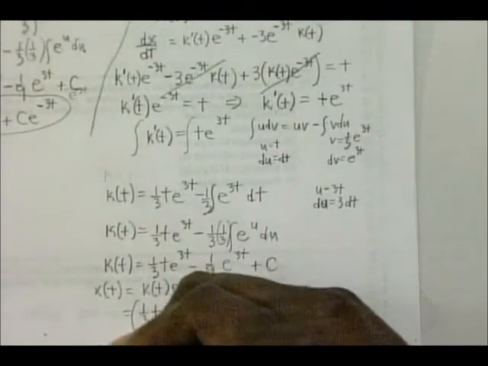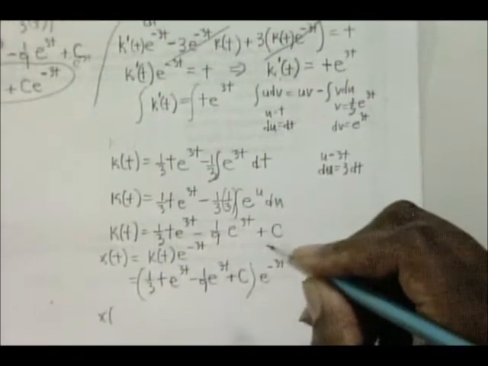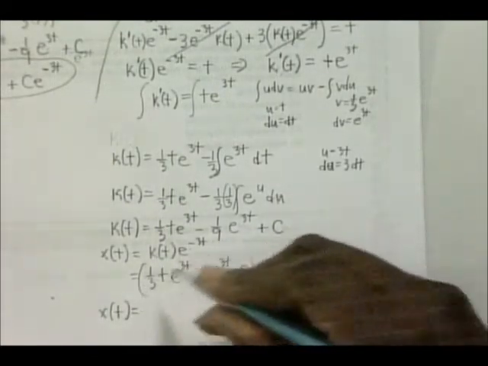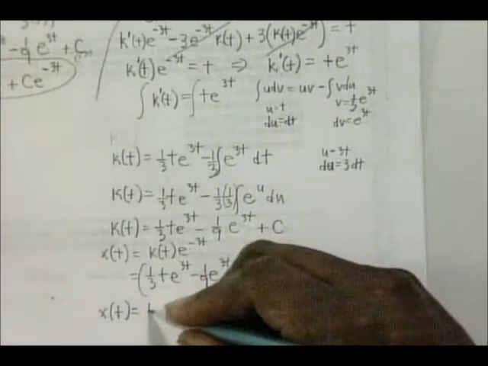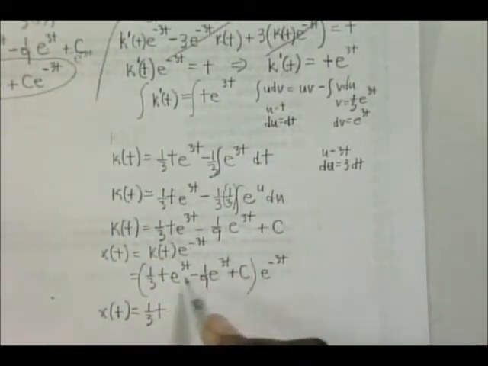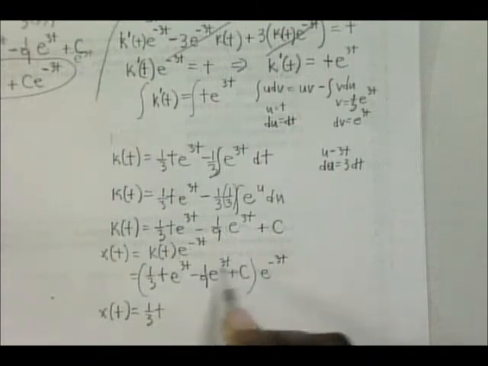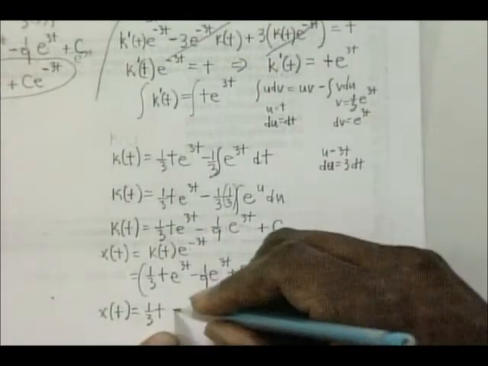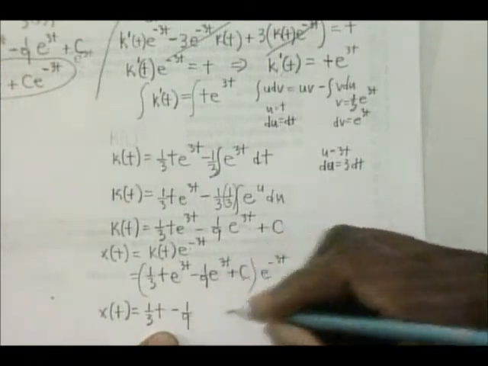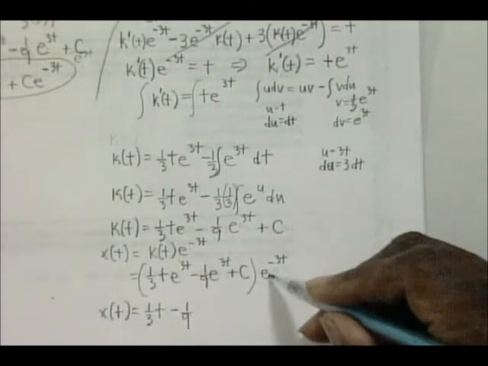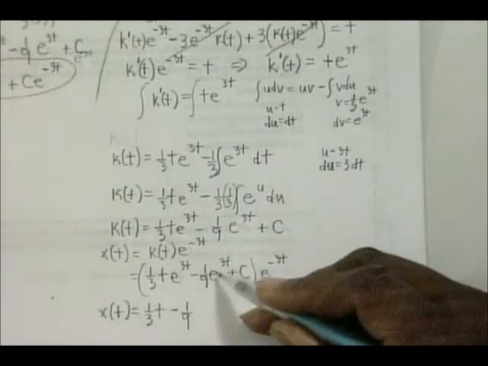So we end up with x sub t. X sub t is equal to, let's multiply now. We end up with 1/3 t. You're multiplying e's. The bases are the same. You add the exponents. It's e to the 0, which is 1, minus 1/9. Again, e to the negative 3t times e to the 3t.